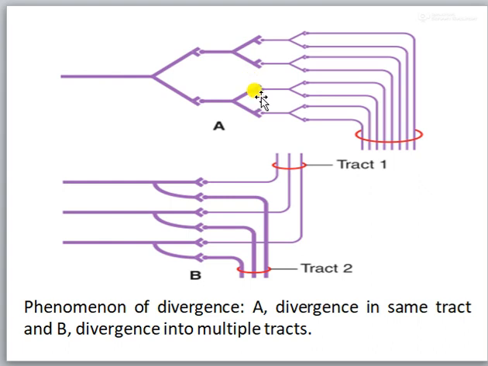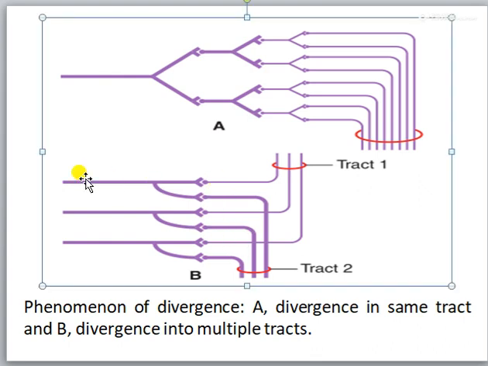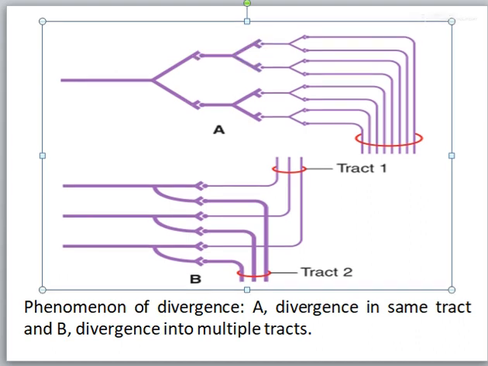Here there is divergence in the same track, and in this there is divergence in multiple tracks. This divergence and convergence play an important role in the occlusion and facilitation phenomena that we will discuss later.